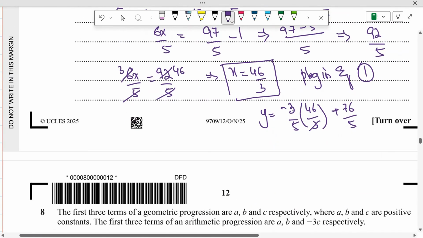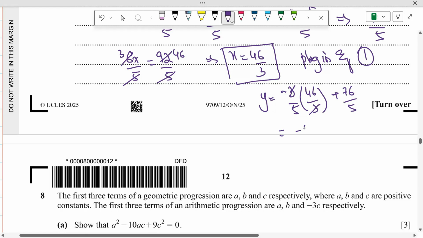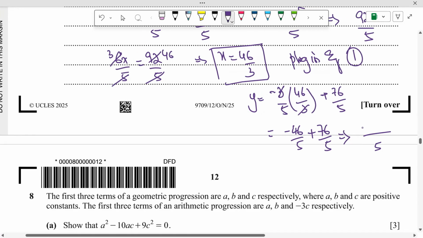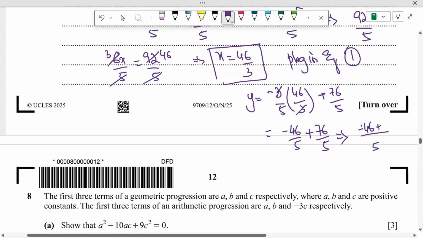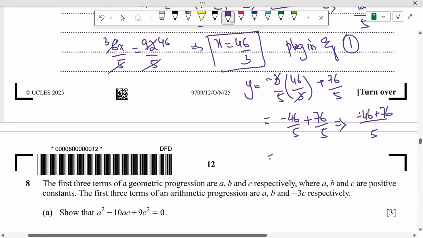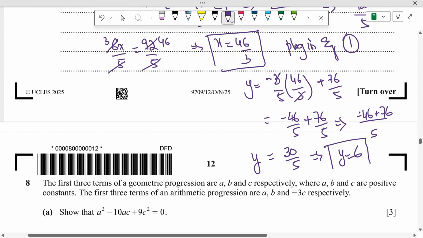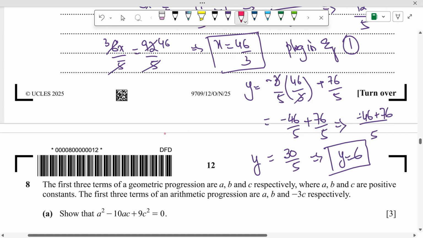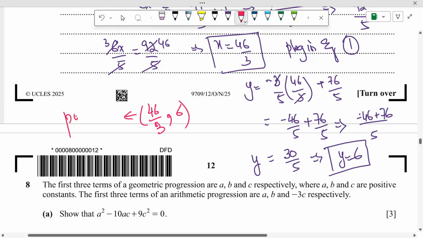The 3 will be cancelled out and we will have negative 46 over 5 plus 76 over 5, which is negative 46 plus 76 over 5, equals 30 over 5. So y coordinate is 6. So the point of intersection is x coordinate 46 over 3, and y coordinate 6. So this one is the point of intersection which was required.